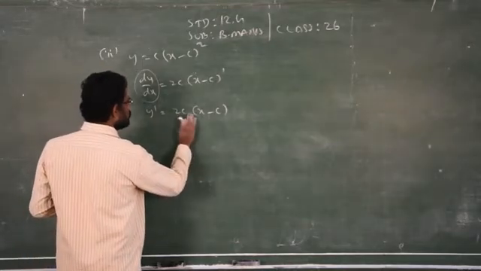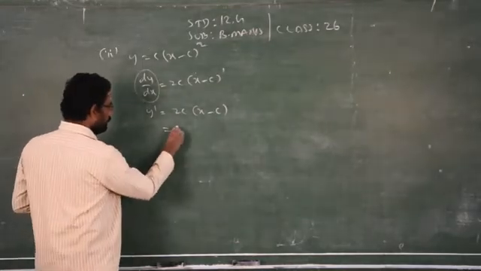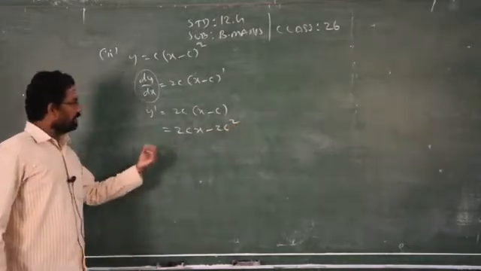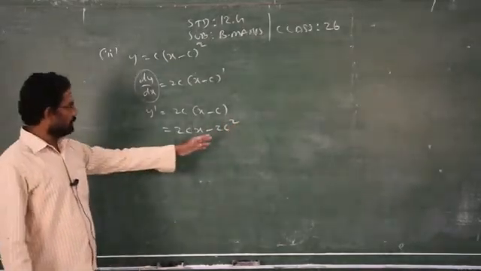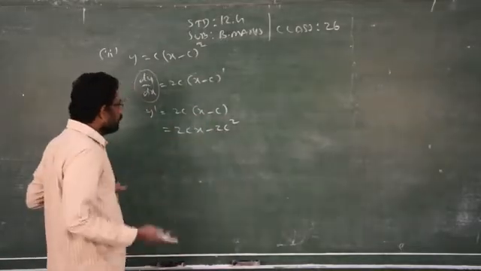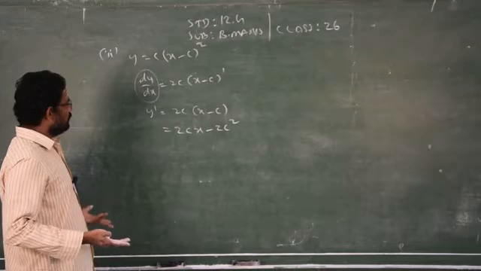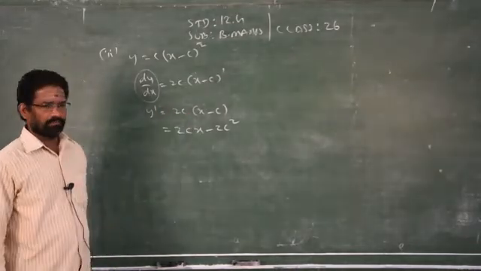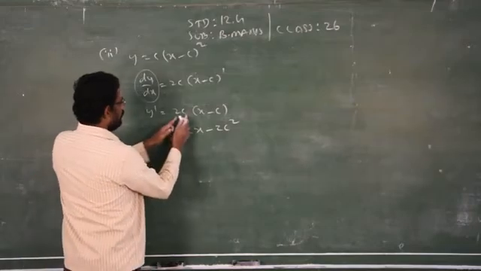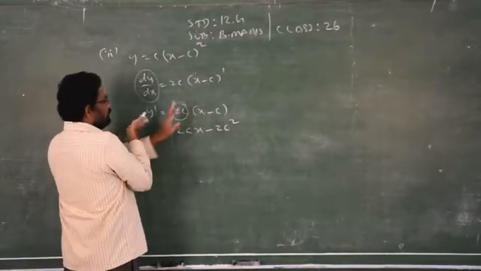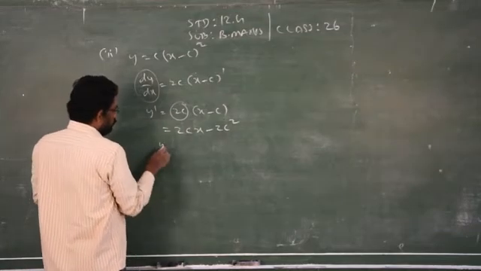You have to take 2c inside the bracket. When I am taking 2c inside the bracket, I cannot take c alone. Is it possible to take c alone separately? It comes with the x. So I cannot find exactly what is the value of c from this first order. See, if I need c alone, if you keep 2c, you can take x minus c alone to this side. Clear? So what are the possibilities?